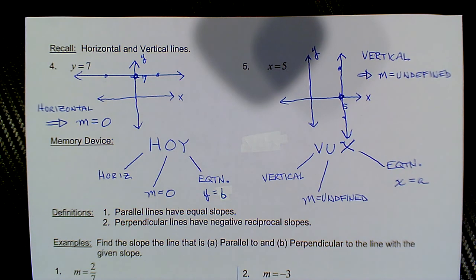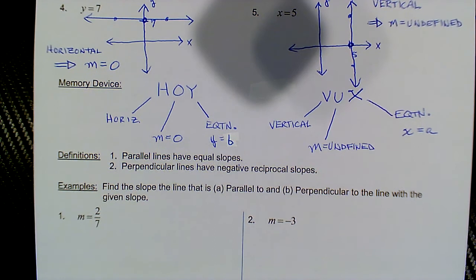And in part B, perpendicular, it's the negative reciprocal. Negative means the opposite, reciprocal means flip it over. So if we have 2/7, we flip to 7/2, and the opposite is negative.